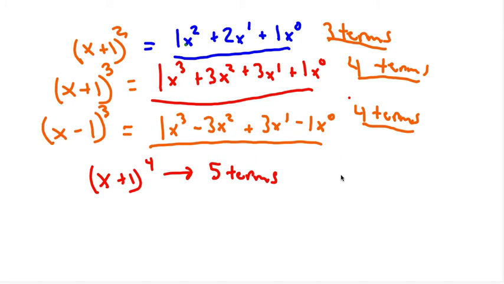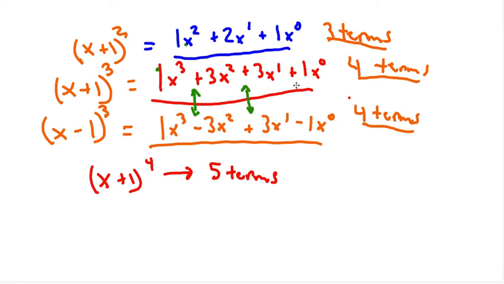Now, here's the other thing. Notice the coefficients, 1, 2, and 1. What are the coefficients here? Remember, coefficients are what? Numbers in front of the variables. In this case, 1, 3, 3, and 1. Hey, wait, 1, but that's negative, positive, and negative. Virtually the same thing, except what's the difference?